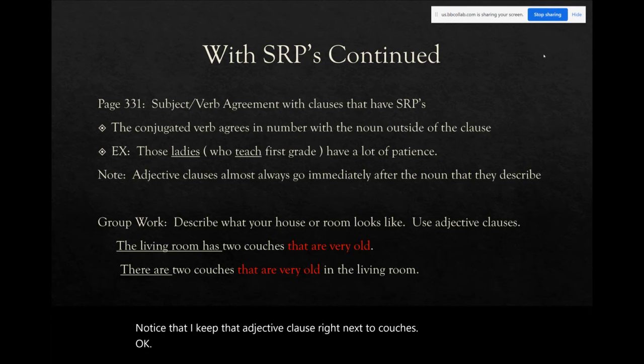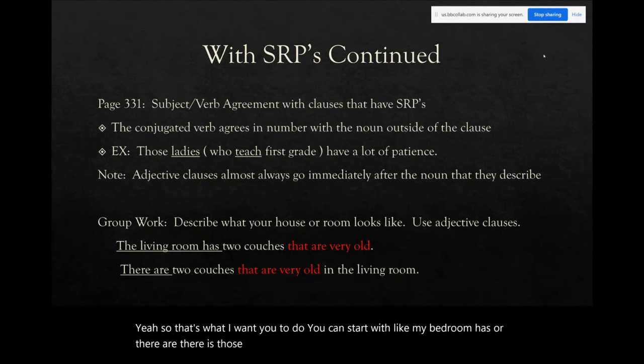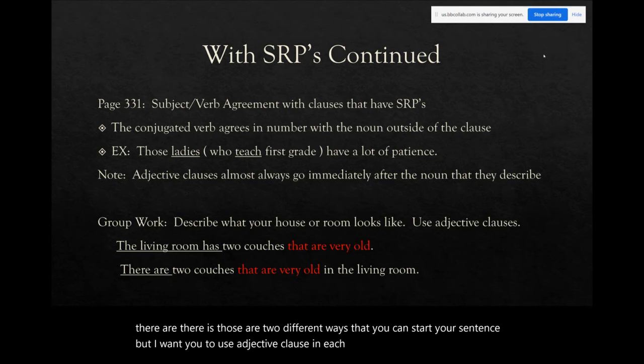That's what I want you to do. You can start with, my bedroom has, or there are, there is. Those are two different ways that you can start your sentence, but I want you to use an adjective clause in each sentence. Is everybody clear about what we're doing?